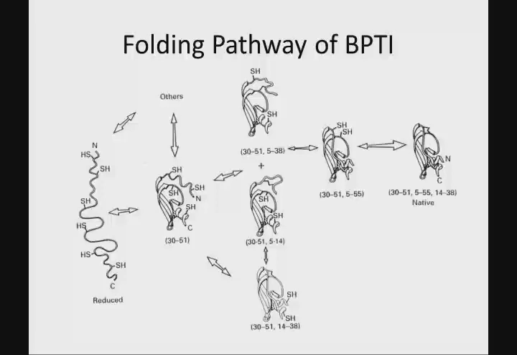The other thing that's very interesting about it is it has lots of disulfide bridges, and these help to hold the protein together. So people have tried to analyze what intermediate states it goes through before it gets to its native state. We've seen that it goes through several different intermediates, and each of those arrows is double-headed. It's moving back and forth based on concentration, based on the kinetics of this folding.